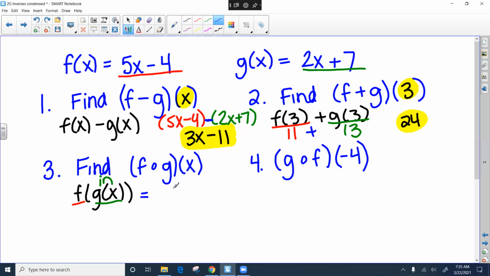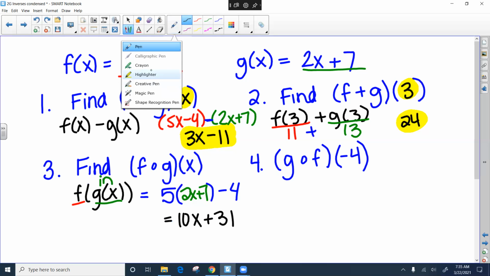F of x is 5x minus 4, but instead of x, we're filling in 2x plus 7. Okay. And then to simplify, we just have to distribute the 5 and then subtract the 4. So we end up with 10x plus 31. Okay, so those 3 all looked good.